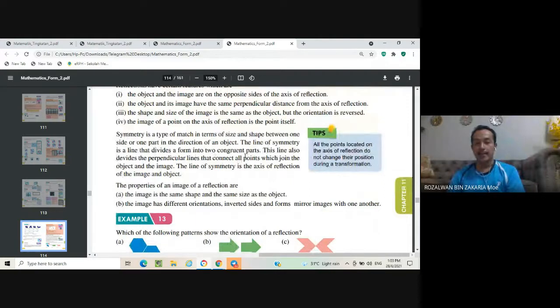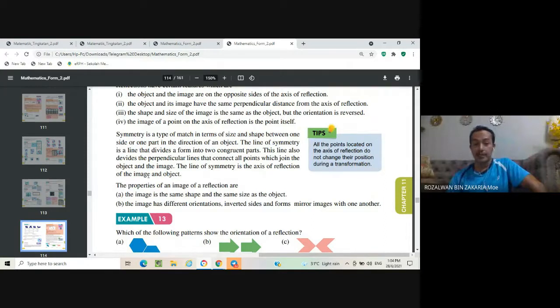This line also divides the perpendicular line that connects all points which join the object and the image. The line of symmetry is the axis of reflection of the object and image. So later, if we discuss the example, we will see what is the axis of symmetry, what is the axis of reflection.